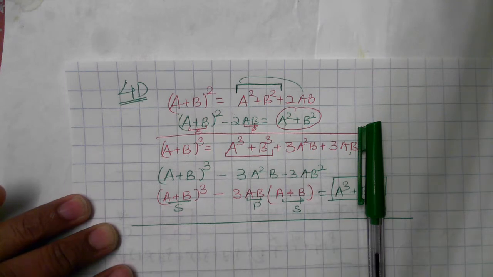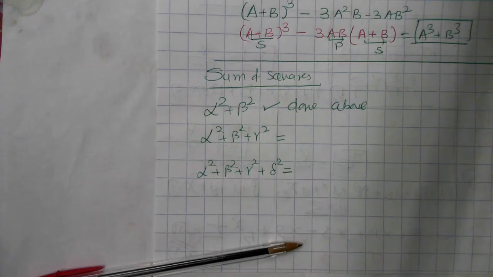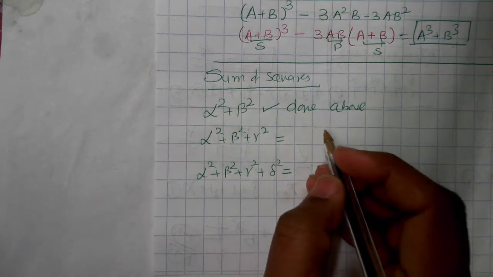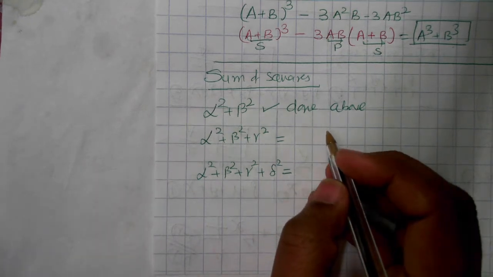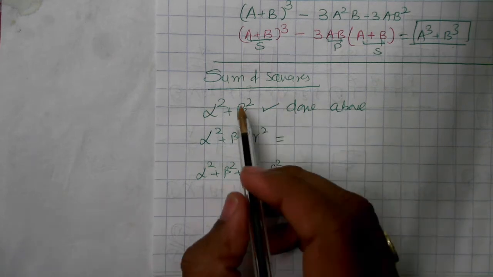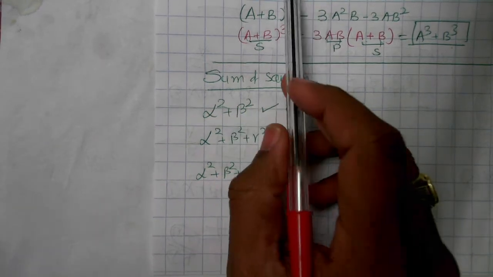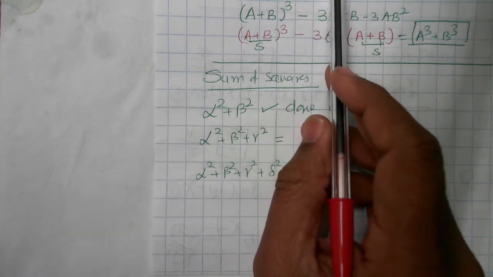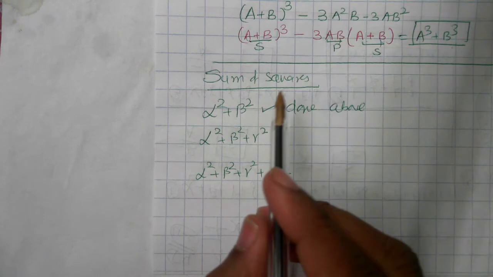Okay, the next set of formulas, which are given on page 62, if your book is the same publication as mine, is the sum of squares. Alpha squared plus beta squared, we've done this on the top. This is the sum of the roots squared, take away twice the product of the roots. If you want to find the sum of squares of the three roots, it's a similar pattern, guys. So we're going to do it here.